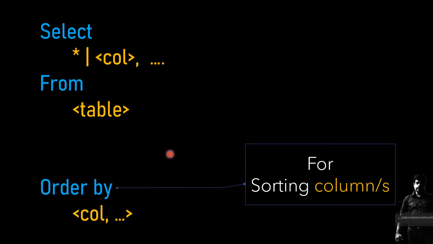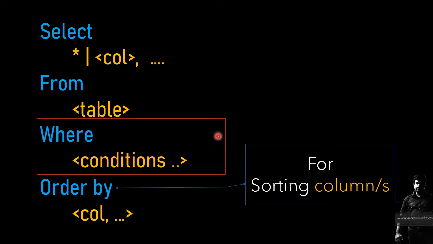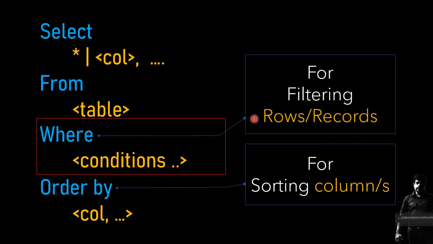Today we'll be learning what the where clause is. This is used to filter or fetch records according to a particular condition, or we call it filtering the rows or records from a particular table. Let's learn how.